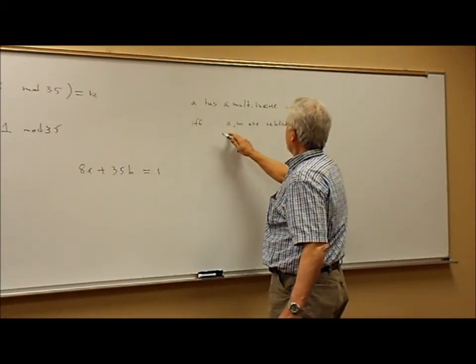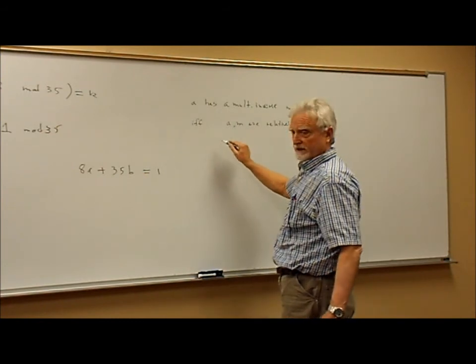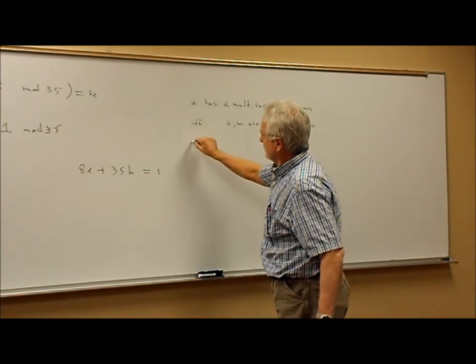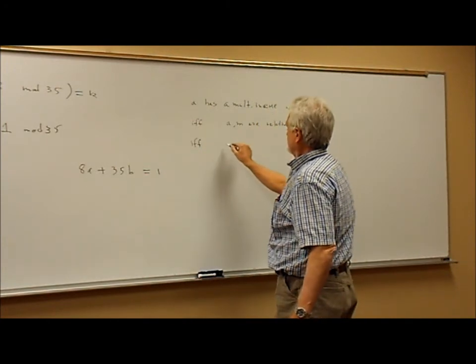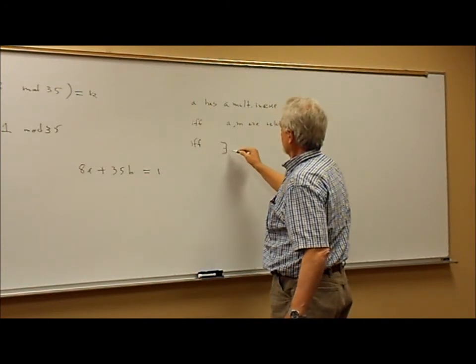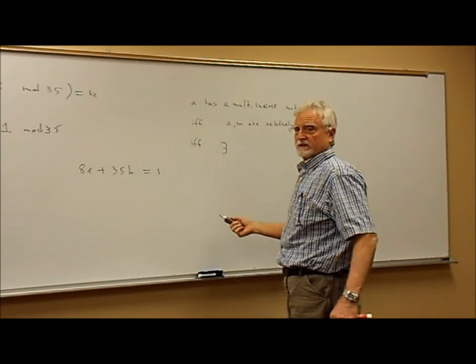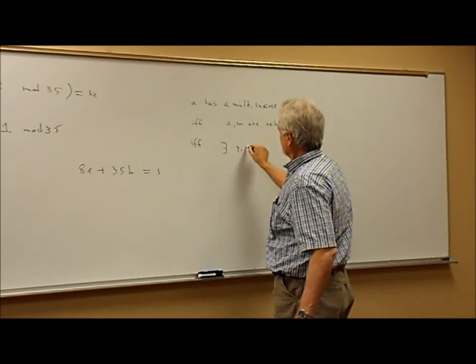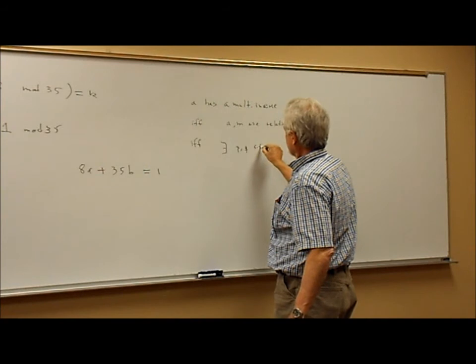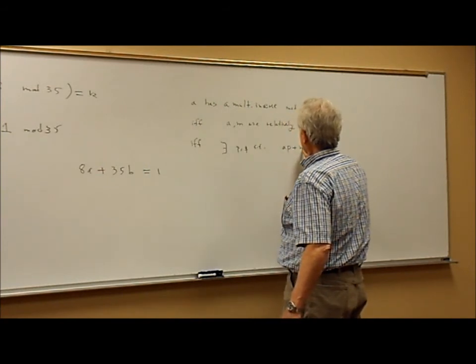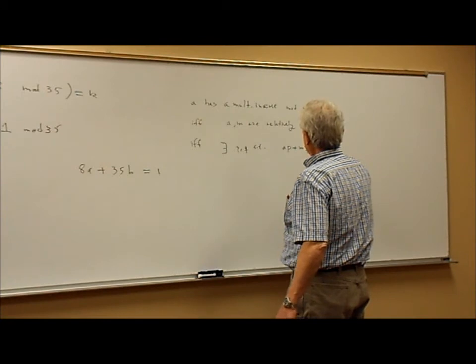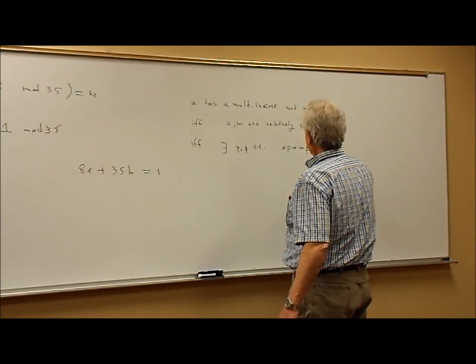And we know that A and M are relatively prime if and only if there exist your numbers, I'll call them now P and Q, such that A times P plus M times Q is equal to 1.